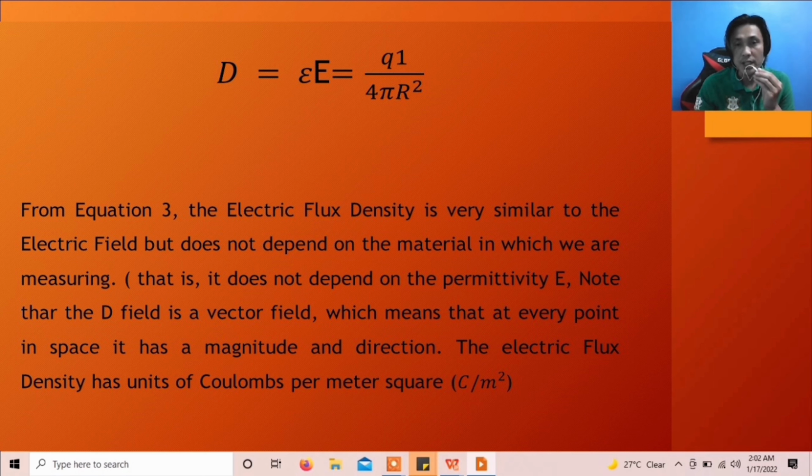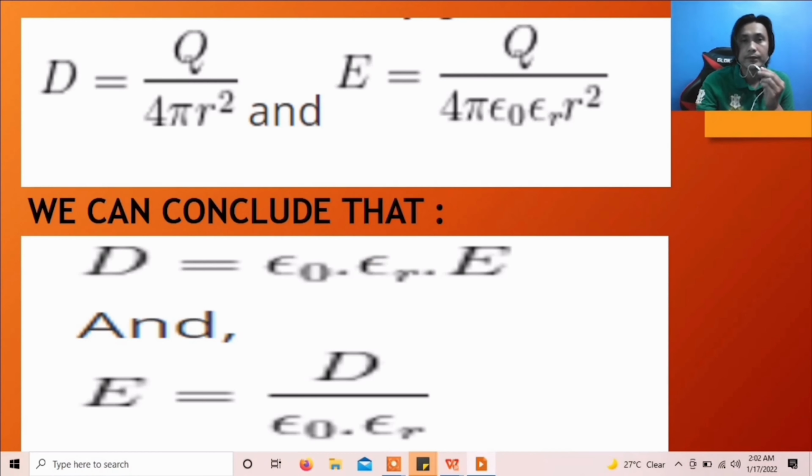Everybody, you must note that the D field is a vector field, which means that at every point in space, it has a magnitude and direction. The electric flux density has units of coulomb per meter squared.